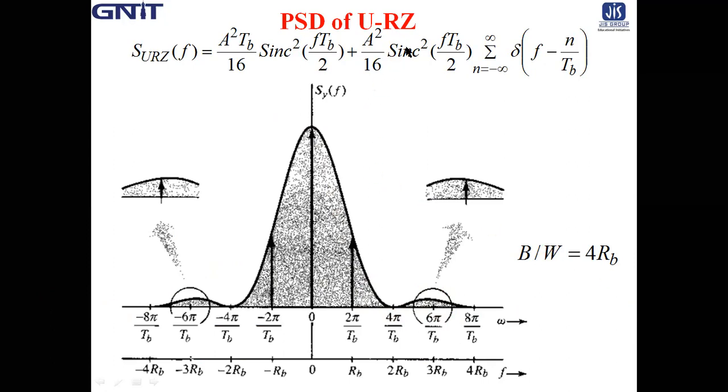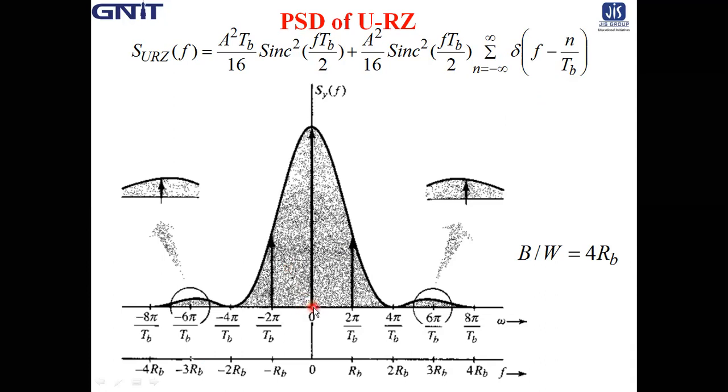And the second term is a delta function, that is an impulse, multiplied with the sinc pulse. So the first is the delta function, for n equal to minus infinity to plus infinity. For n equal to 0, it is just f equal to 0.